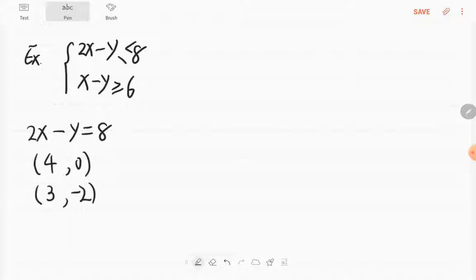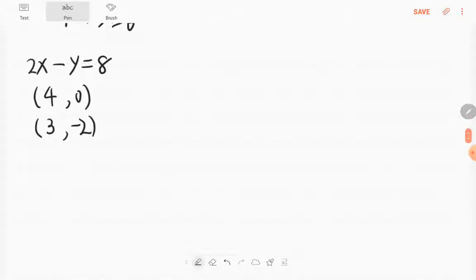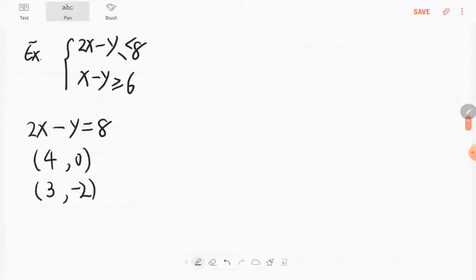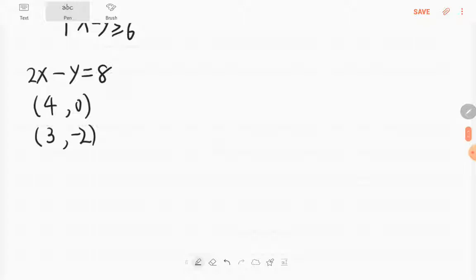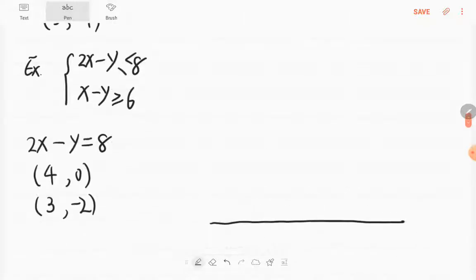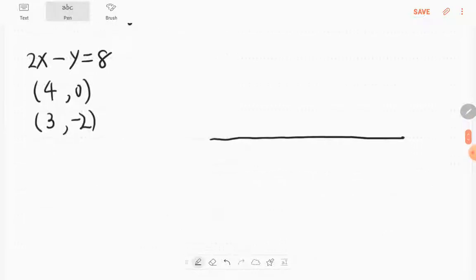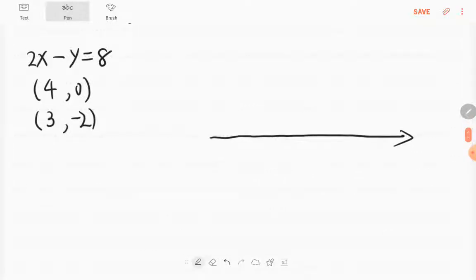So let's locate the graph. Since this is equal, the boundary should be a solid line. Here is less than or equal to, not just less than, so the boundary is included. So this is 1, 2, 3, 4, 0, right?